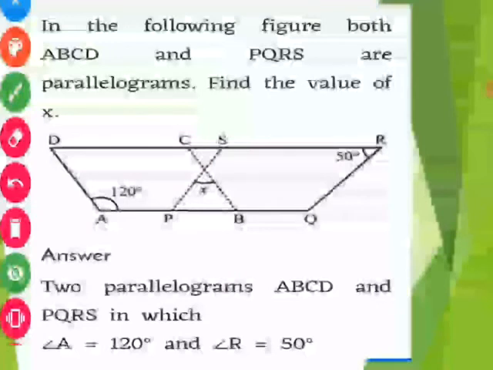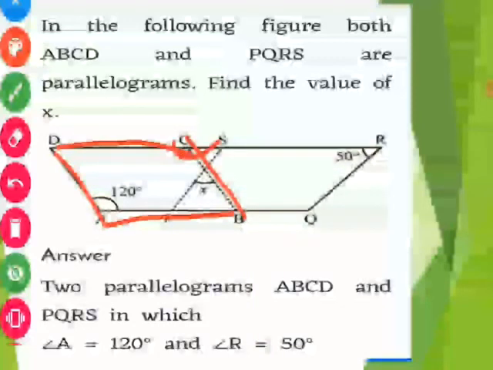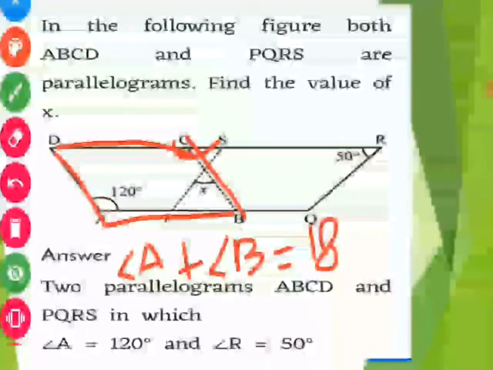So first of all, we will take the first parallelogram, this one. As you know, in a parallelogram, opposite angles are equal. This one will be 120 and adjacent angles are supplementary. That means the sum of angle A and angle B will be equals to 180 degree.